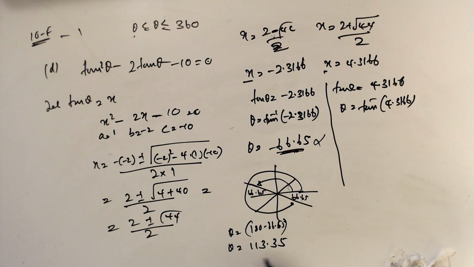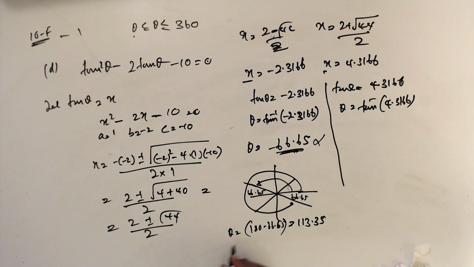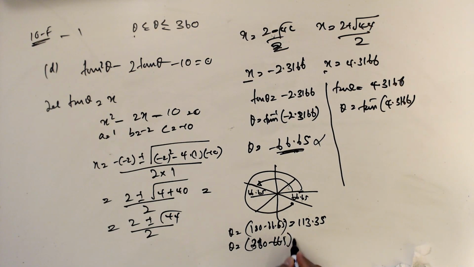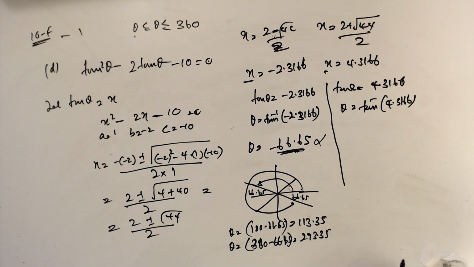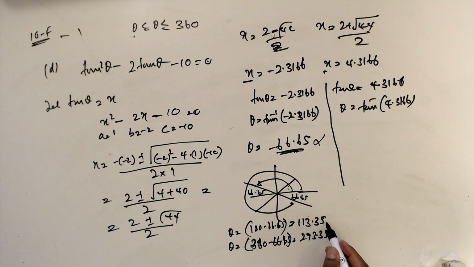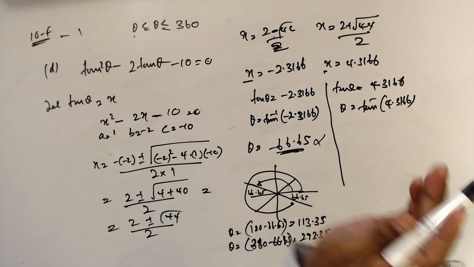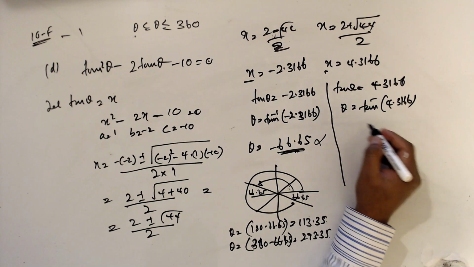This angle theta is 360 minus 66.65, which is 293.35. Now if we add 360 to get the other angle, it is going to be out of range, so we'll work with this one.